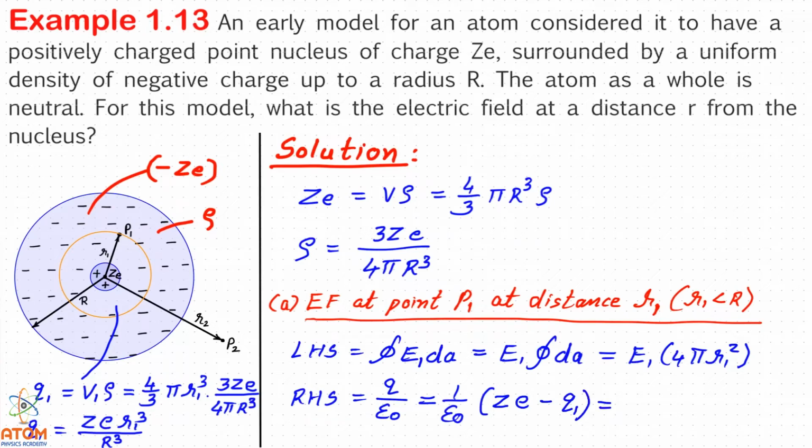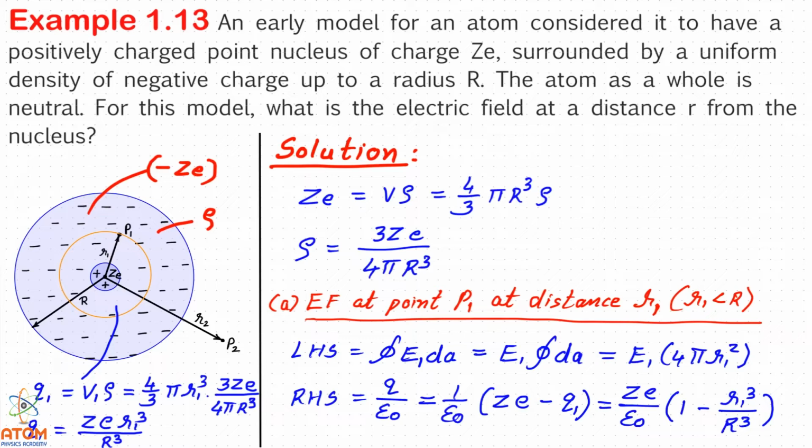Now this Q1 itself is also having Ze. So solving this, we can write like Ze upon epsilon 0, and then the remaining term is, here it will be just 1, and here the remaining term will be minus r1 cube upon capital R cube. This is our right side.